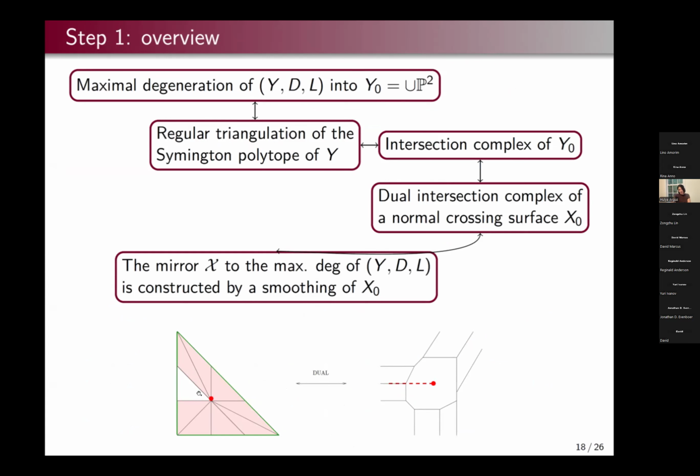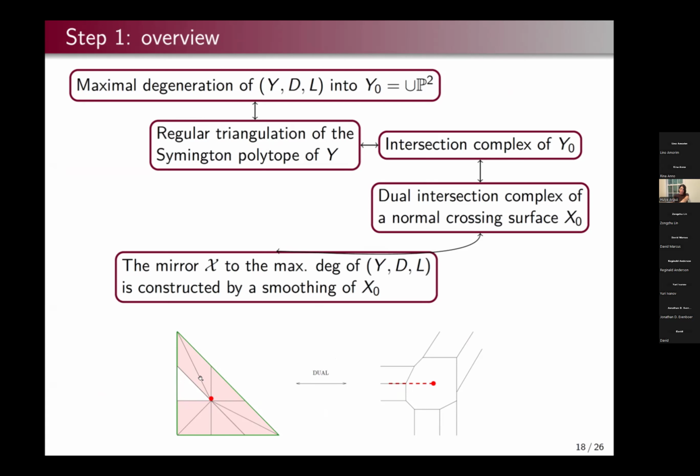Just to illustrate, a maximal degeneration amounts to dividing everything as much as possible. And then you view this triangulation of the Symington polytope as determining such a degeneration, and this will be the intersection complex of the central fiber of such a degeneration.